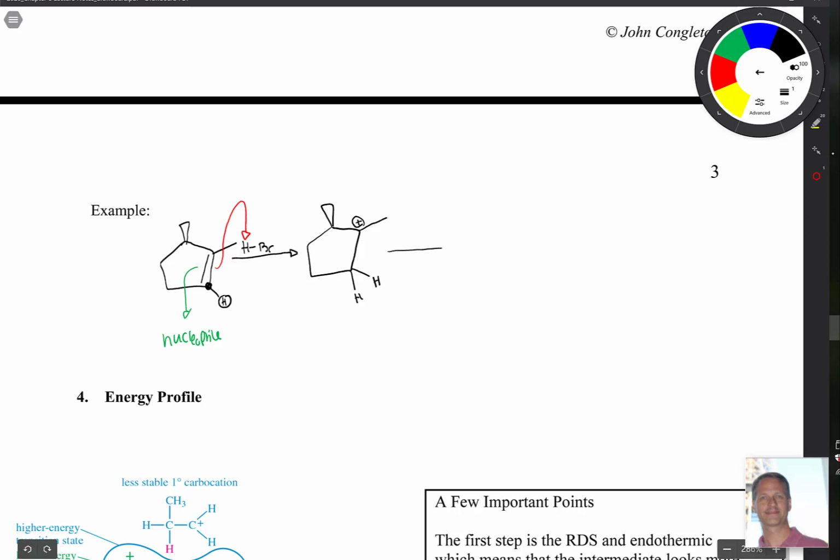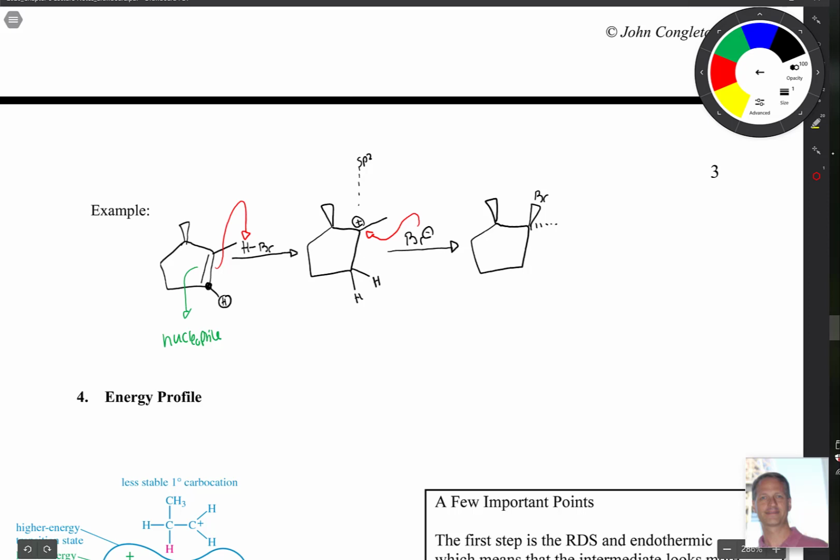All right, and then the second step of this would be bromide. Now remember that this atom is sp2, and that p orbital is coming out at us and going back. If we come in and get the front p orbital lobe, then the bromide would be pointing at us and the methyl group would be pointing back.